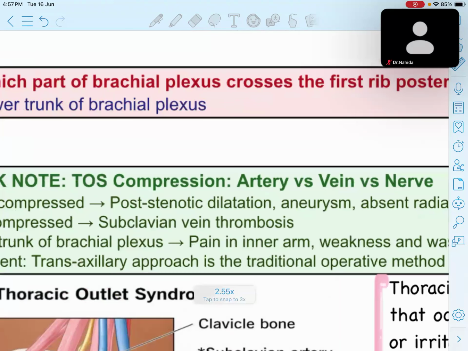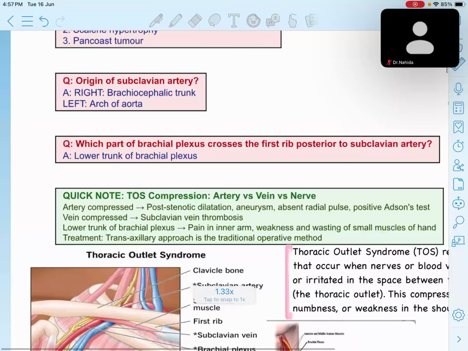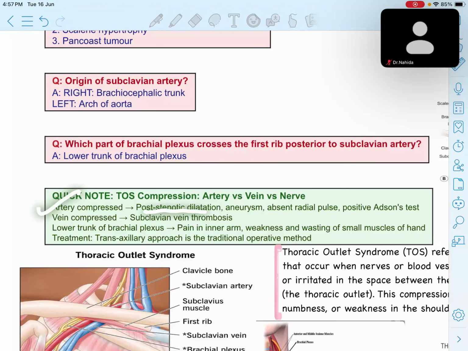To be specific, if subclavian artery is compressed, then post-stenotic dilatation, aneurysm, absent radial pulse, and a positive Adson's test will be seen. If subclavian vein is compressed, then subclavian vein thrombosis will happen. Next, if lower trunk of brachial plexus is compressed, then pain in inner arm, weakness, and wasting of small muscles of hand will happen.